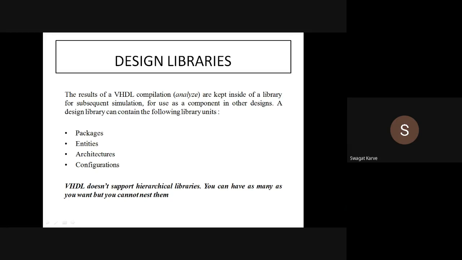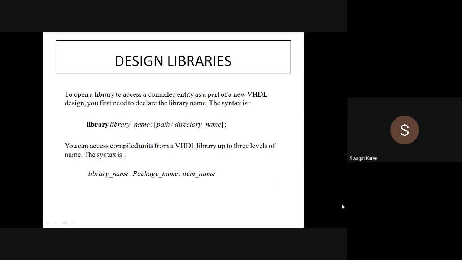Also, you cannot nest them means you cannot interconnect them or combine them and form one library. No, every time, depending upon your design needs and your implementation, you can simply mention the libraries that you want to use, and proceed with your design.